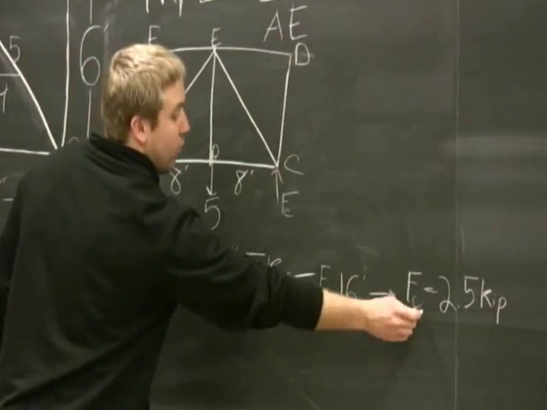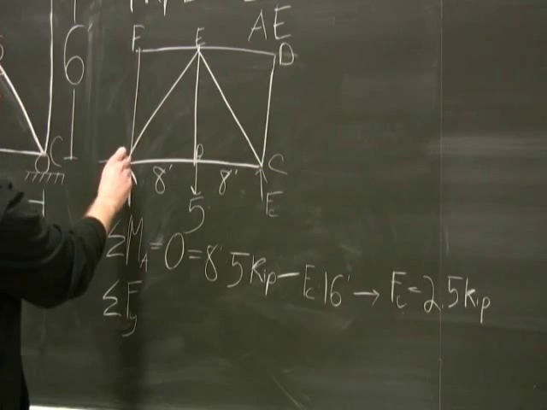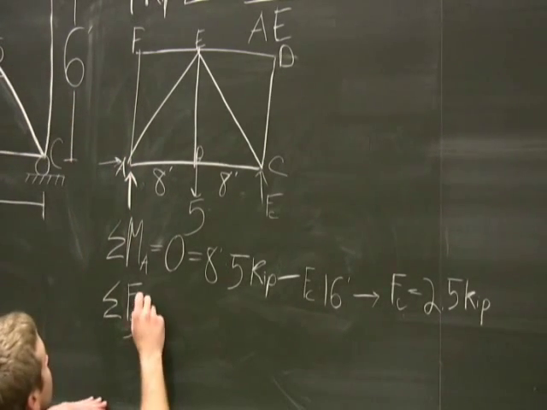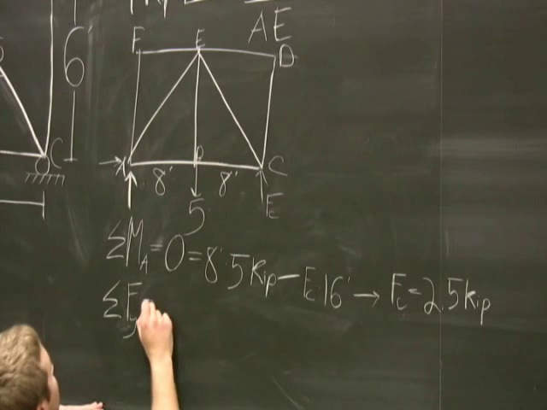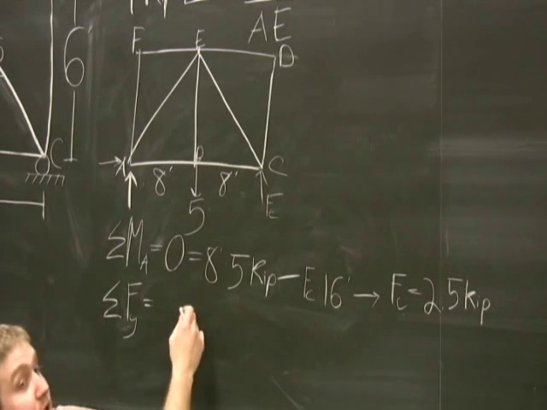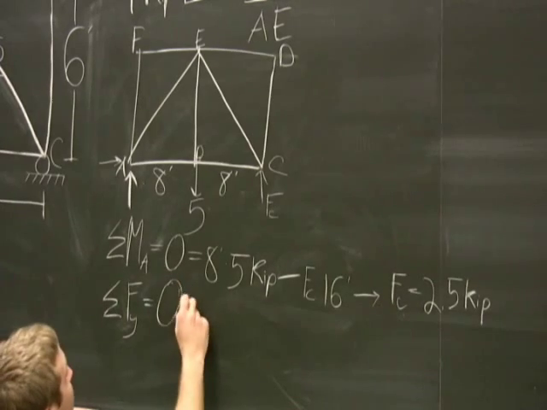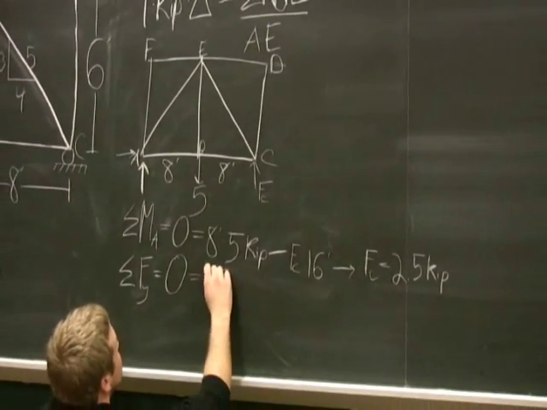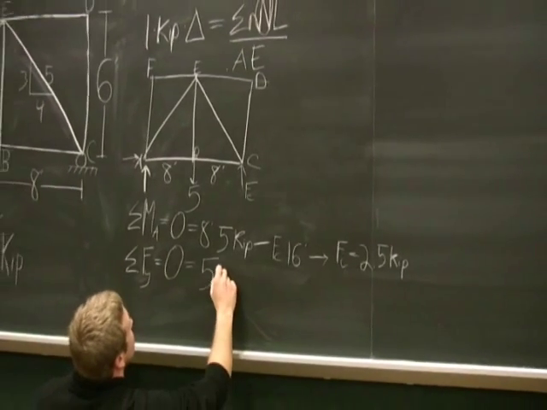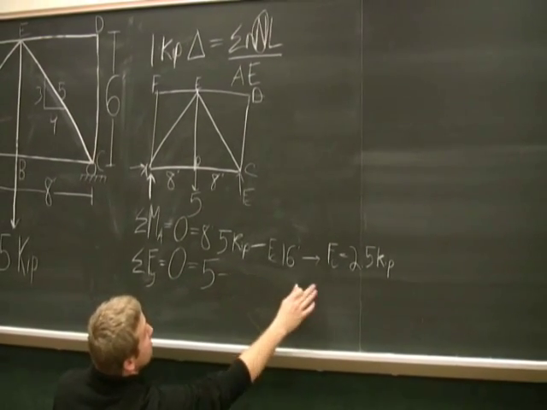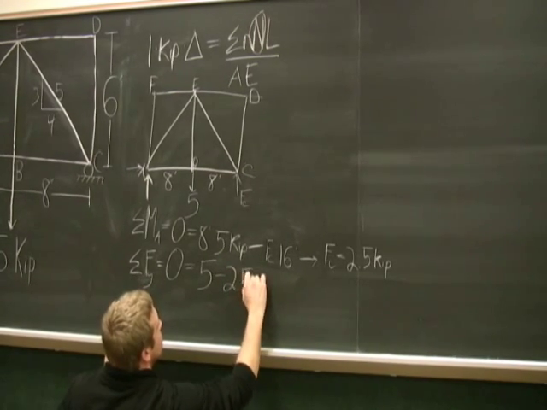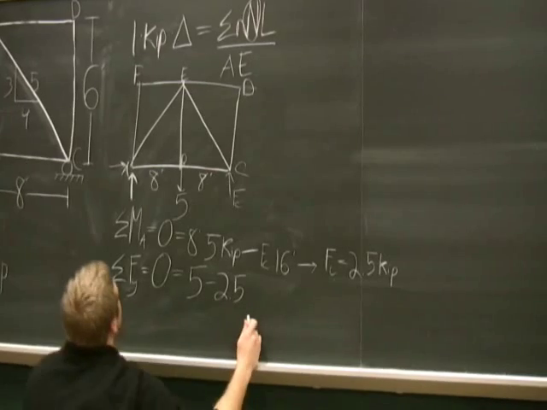Now, from this force, we can determine the forces at A. The forces in the y direction all have to be in equilibrium, so they all have to equal 0 when you sum them. So we have 5 kips in the positive direction, which is down, plus or minus 2.5 kips because it's in the negative direction, which is up.